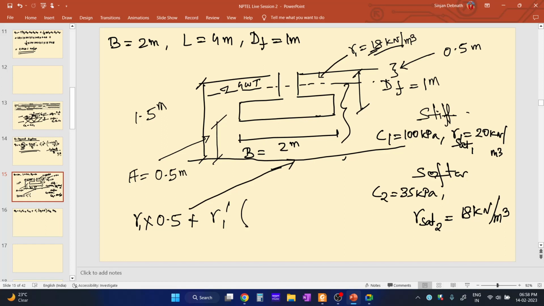If the top part is 0.5, then this part will be 0.5, and the value of H is 0.5, so that means it will be 1. So this one is the surcharge that is acting on top of the bottom layer.